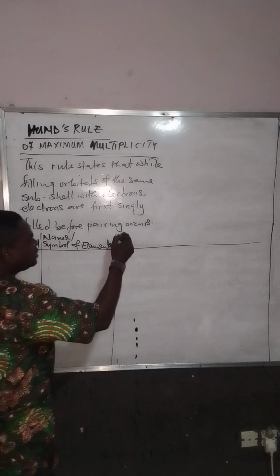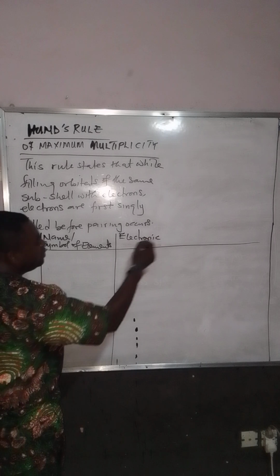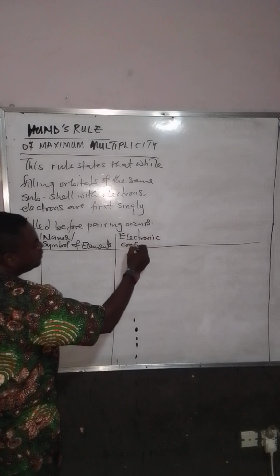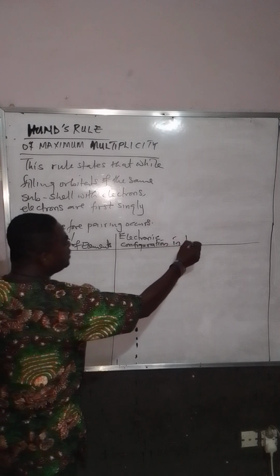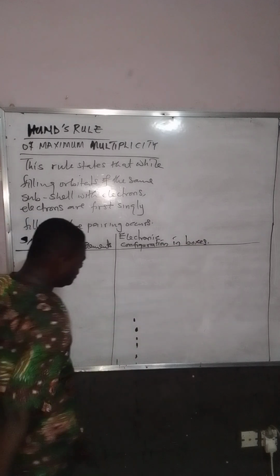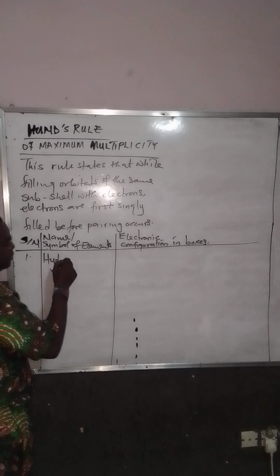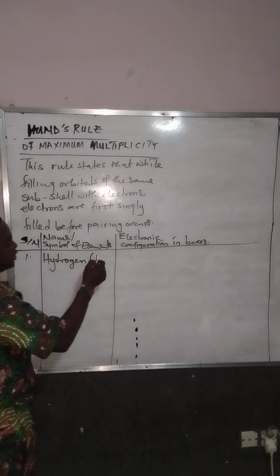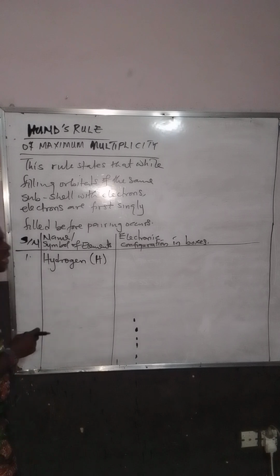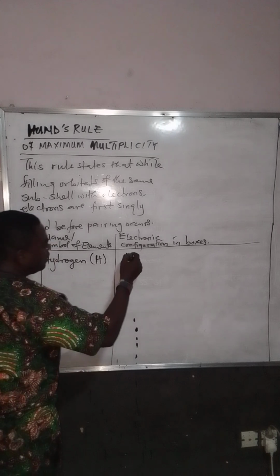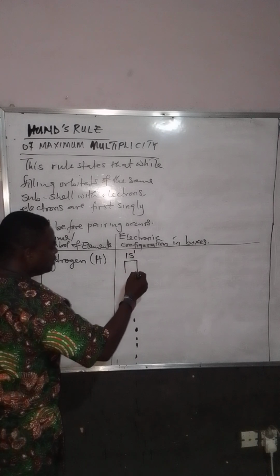Then next is electronic configuration in boxes. Now let's talk about the first one, hydrogen. The symbol of hydrogen is H. Hydrogen is number 1. That's only 1 electron. Now 1s1, and there's a box.